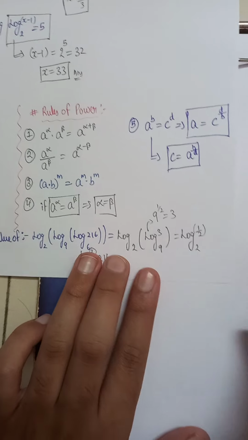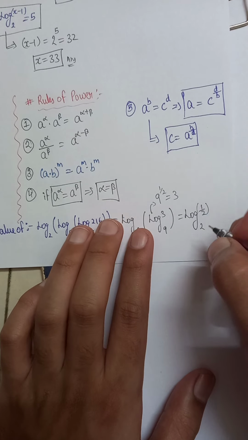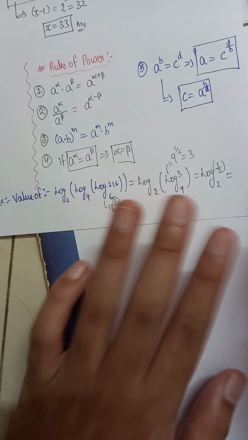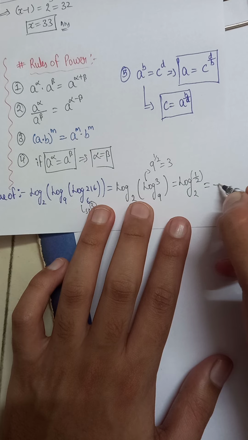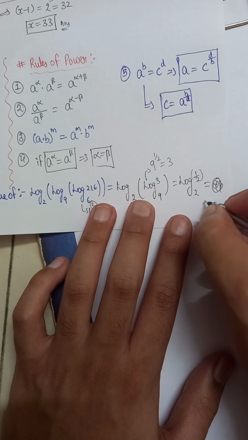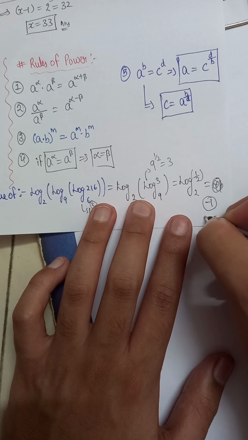You all know that 2 inverse is 2 to the power minus 1, which is 1 by 2. So the answer to this whole question is minus 1.